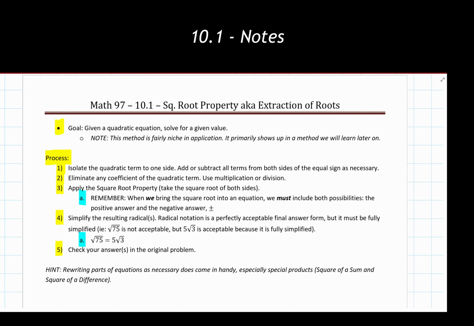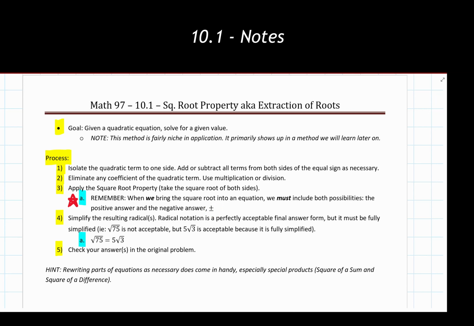Now, it should be noted that when we do this, we absolutely must remember that because we are bringing the square root into the equation, we must include both possibilities when it comes to the numbers on the other side. It could be a positive number or a negative number, and so we need to include what's generally referred to as the plus minus sign.